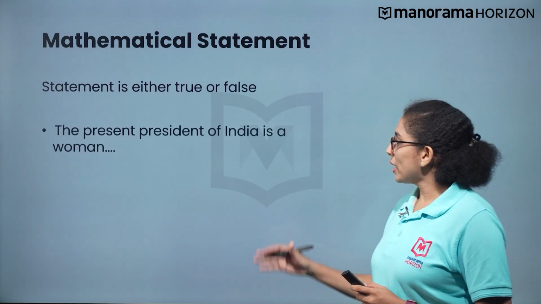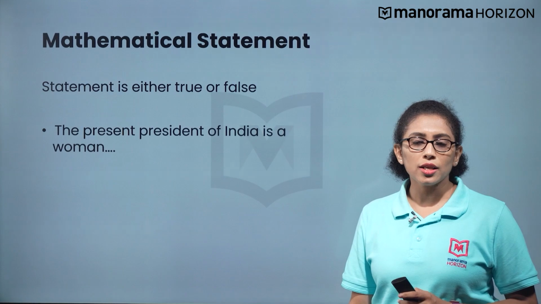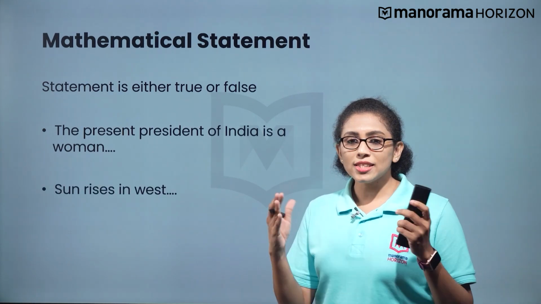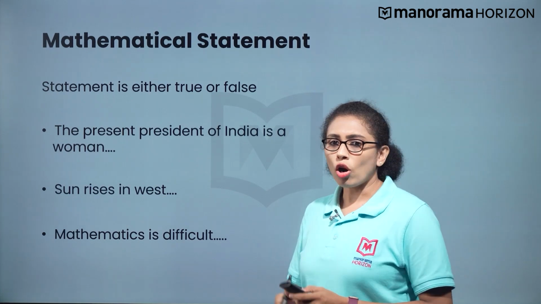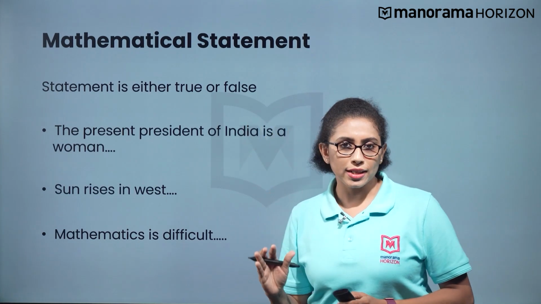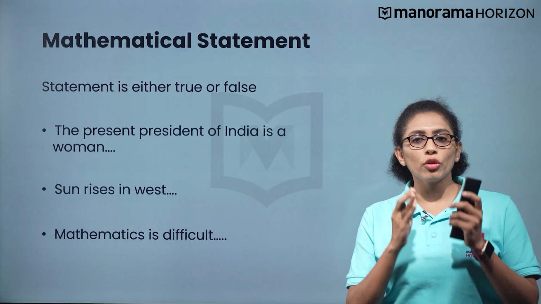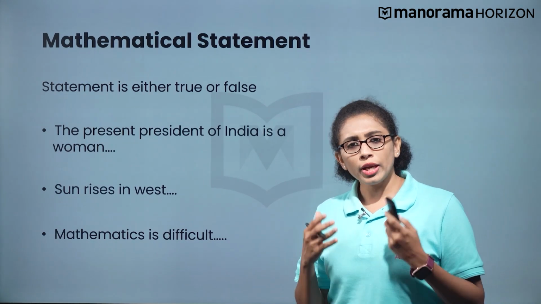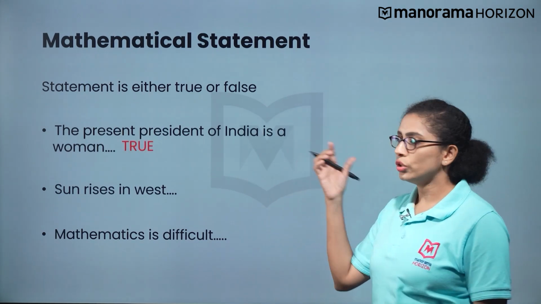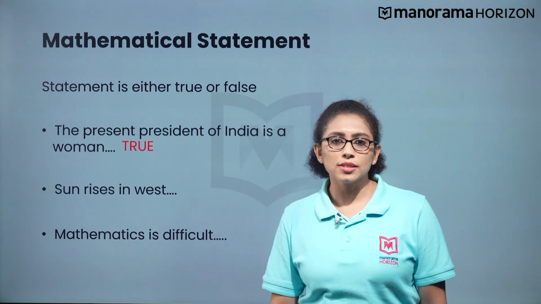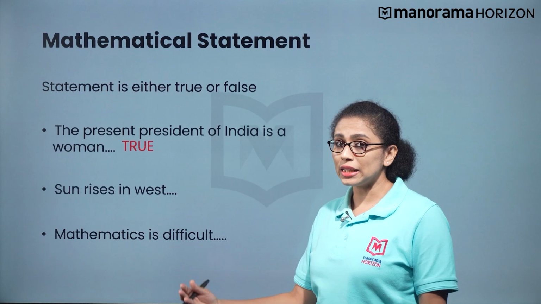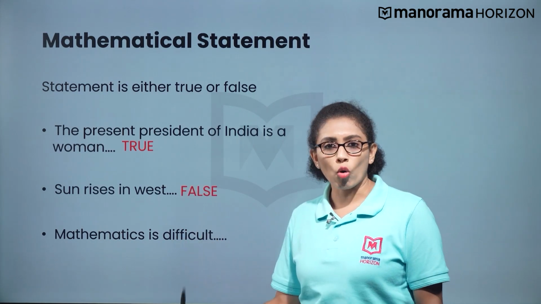The present President of India is a woman. Sun rises in west. Mathematics is difficult. On reading the first sentence, the present President of India is a woman, we immediately say it is true. Similarly, by reading the second sentence, sun rises in west, we can clearly say it is false.